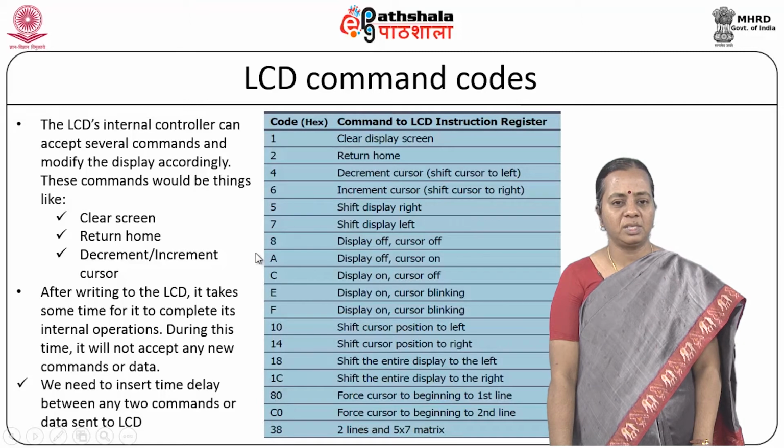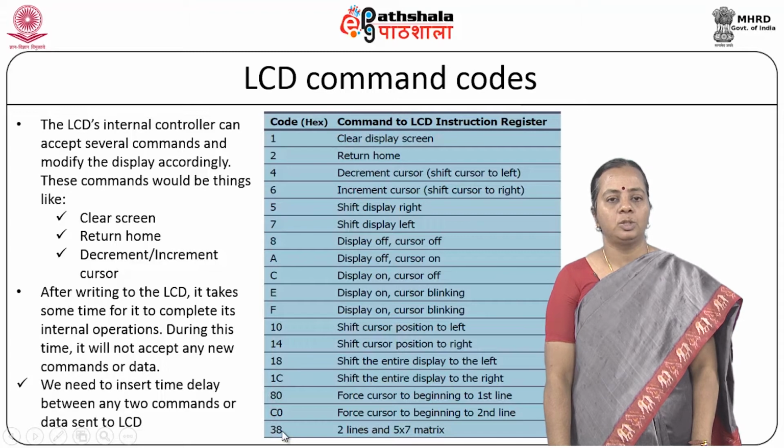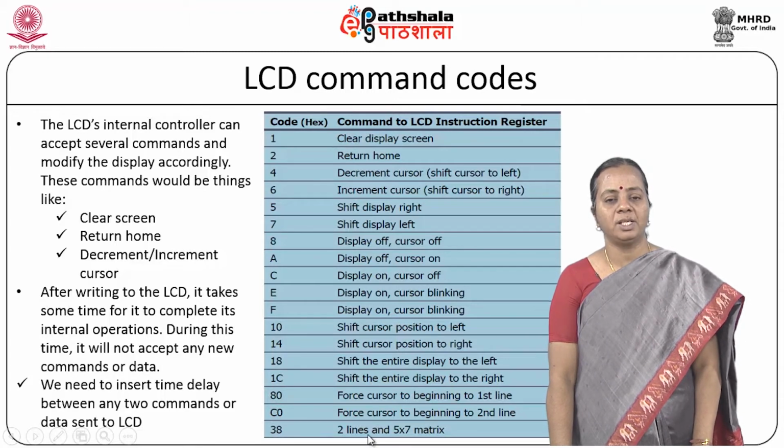The commands are given as data to the LCD. I can send a hex code of 38 to the LCD, which indicates that the display is of 2 lines, and a 5 by 7 matrix display is initiated. If I send a hex code of 8, it means display off and cursor off.